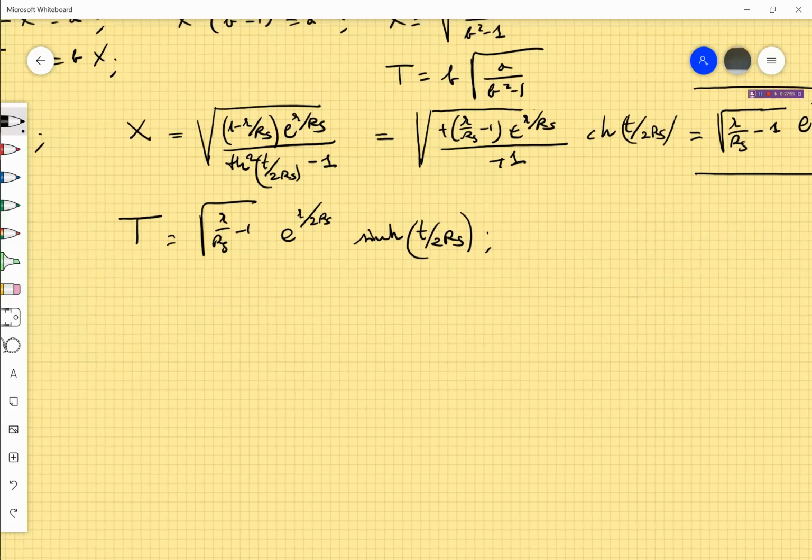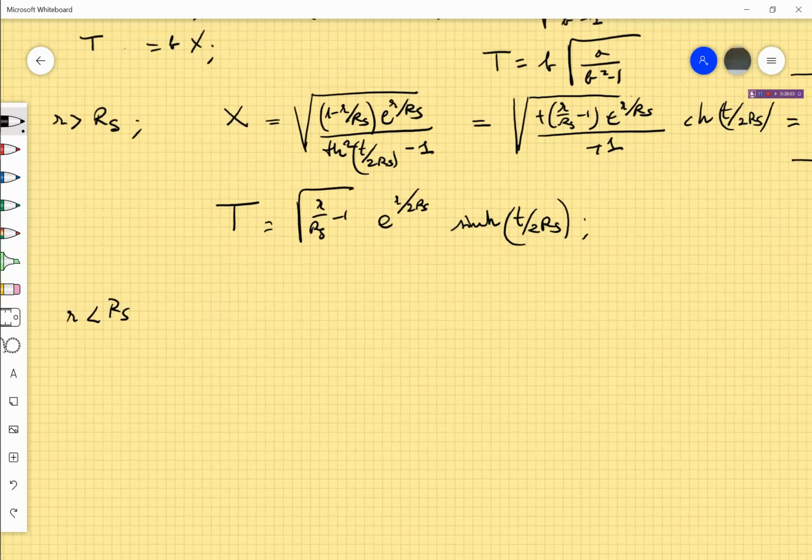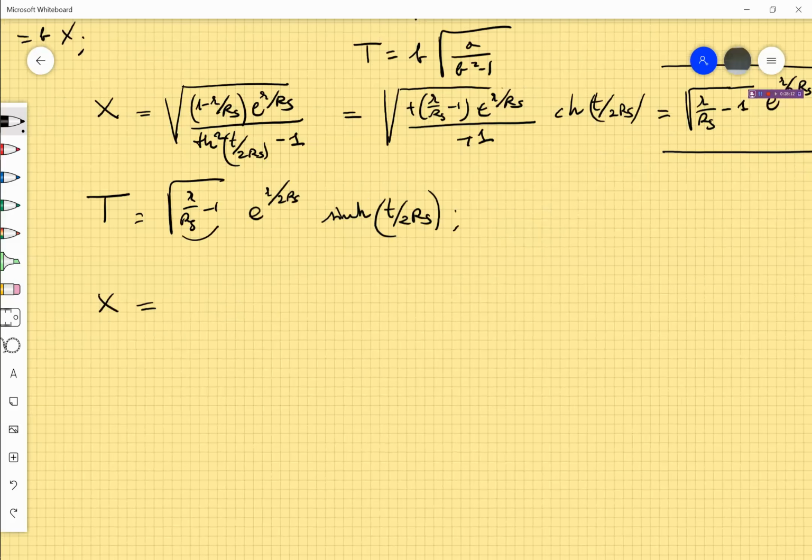Now, if you do the same for R smaller than Rs, you get similar expressions, but with hyperbolic sines and cosines interchanged, and these expressions reversed.